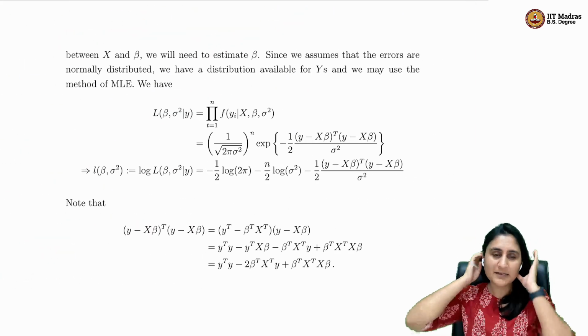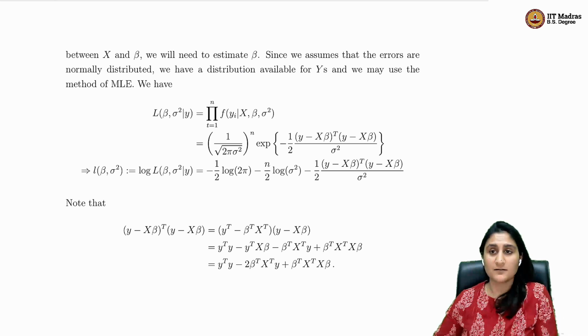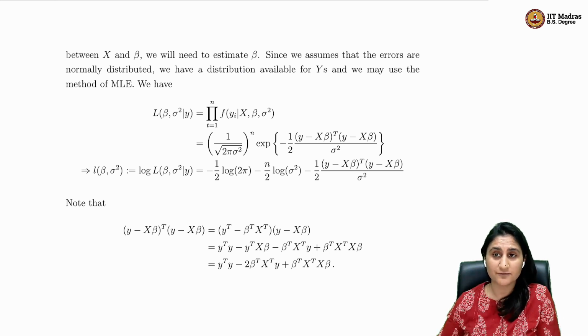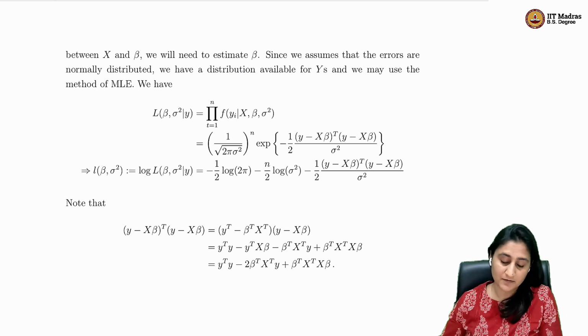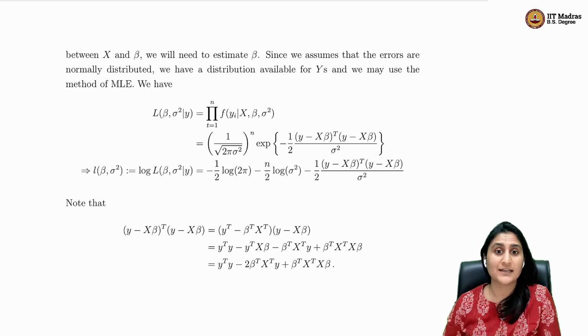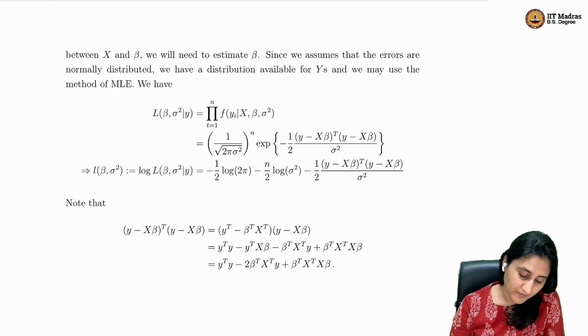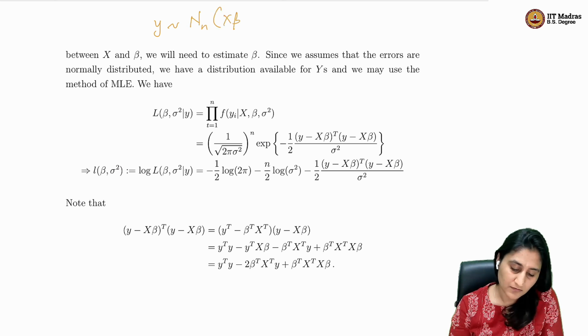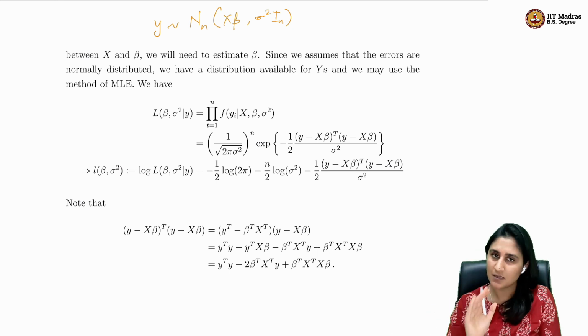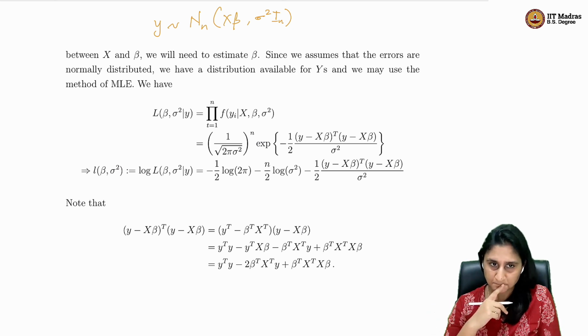So in order to estimate beta, I can use the likelihood function to understand what values beta might take. So an estimation of beta. Right? So we know that y, let me write it again, y follows a multivariate normal with mean vector x beta and variance sigma squared I_n. I_n is the identity matrix of size n by n.